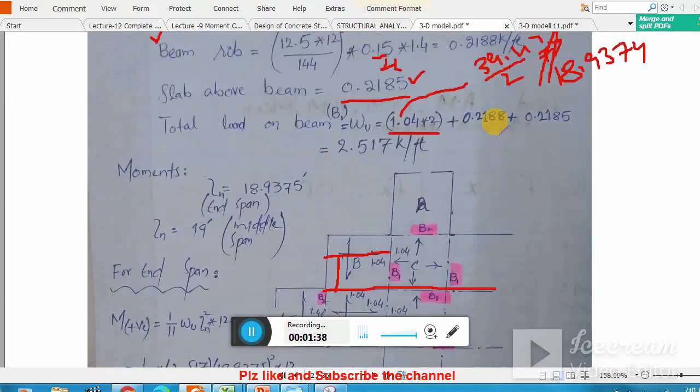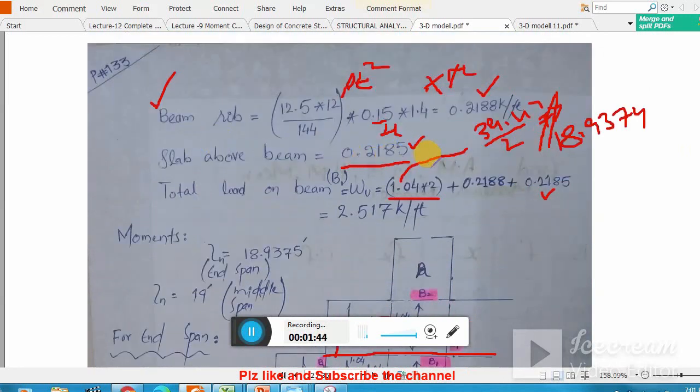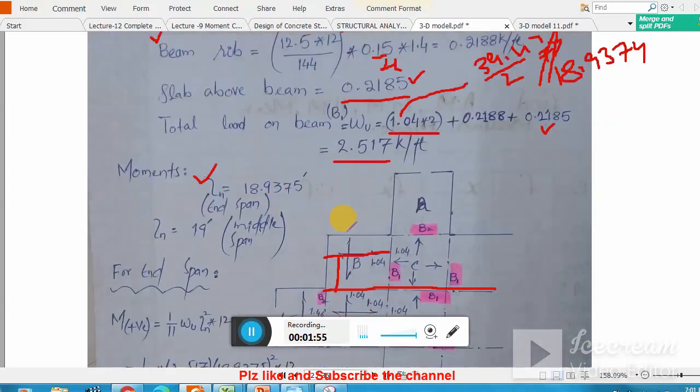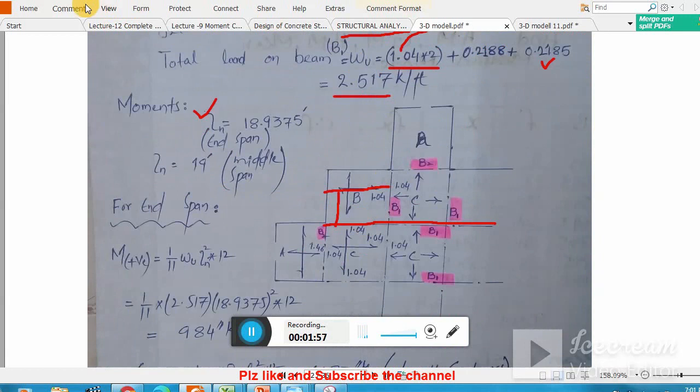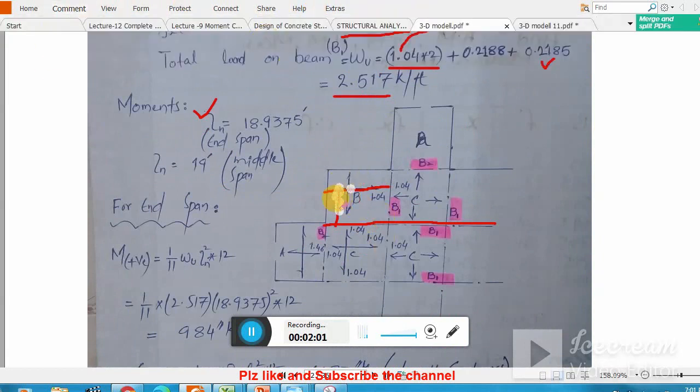Okay, the next one is the beam web width, and this one is your slab above the beam. So your total weight is now 2.5.7 kg per feet. Okay, and ln is basically, it should be remembered, we have two distinct panels: one exterior panel and one interior panel.